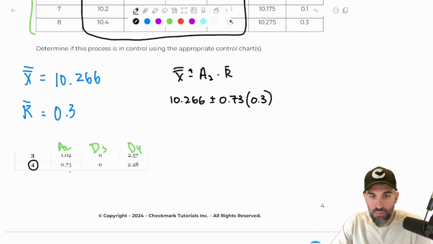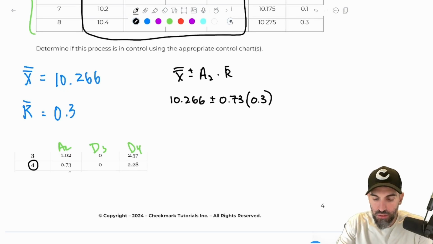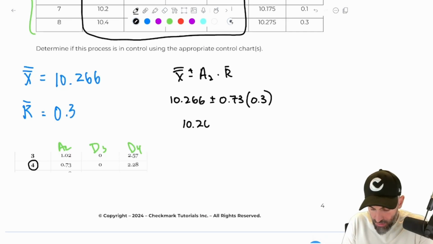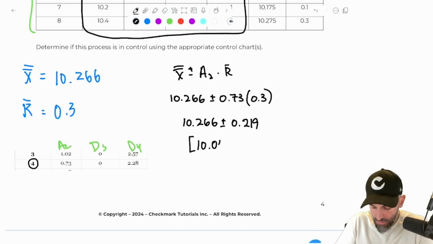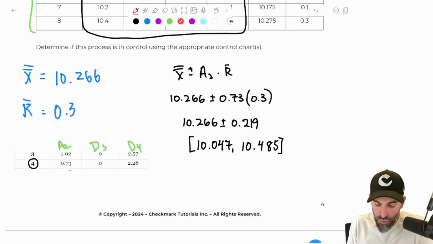That's it. So there you have it. This is your control chart.